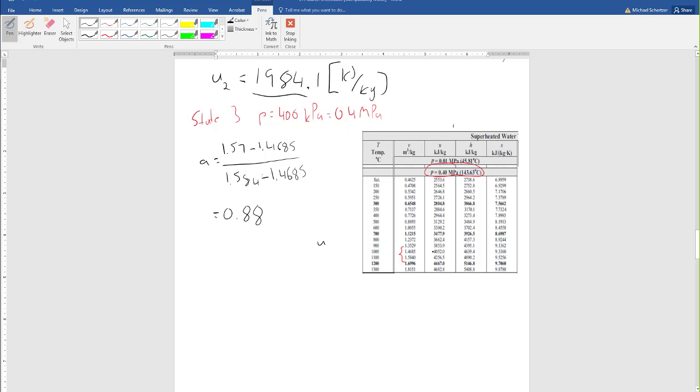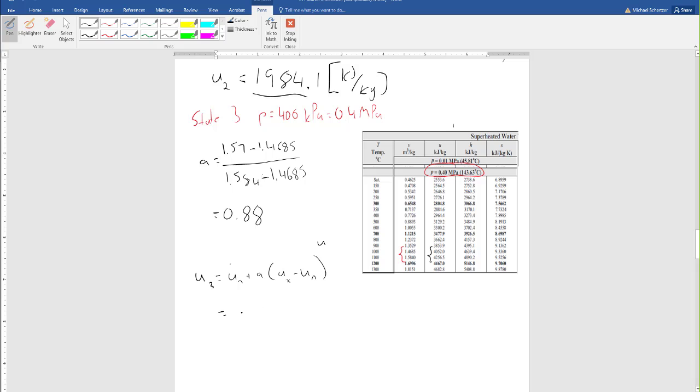And I know that my U value also has to be between these two values, much closer to this one. So now that I know A, I'm going to say that U3 is going to be equal to U min plus A times U max minus U min, right?